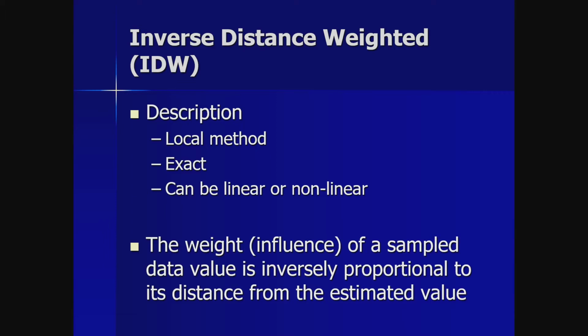This is the formula that basically assigns a weight. So I'm going to go pixel by pixel. I'm going to find the nearby points. I'm going to define nearby points differently. I'm going to find the nearby points, and then I'm going to assign a weight to every point within the circle, and that value is inversely proportional to its distance. That's why it's called inverse distance.